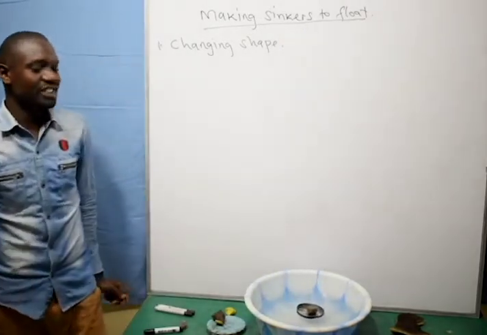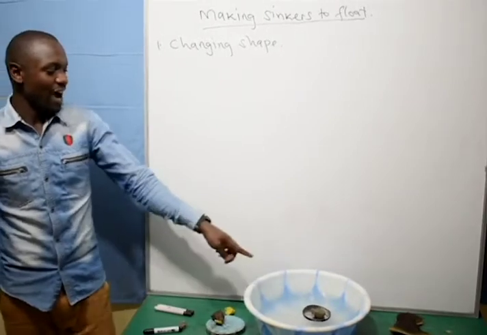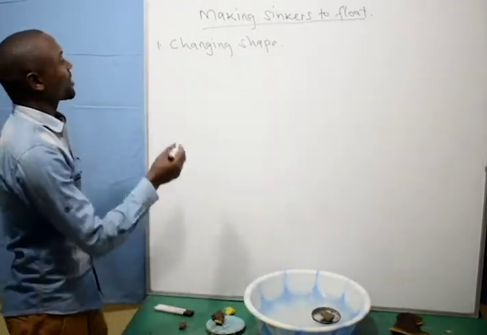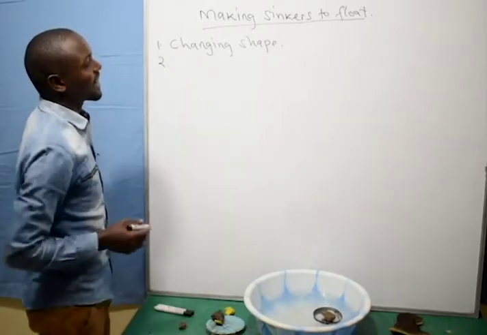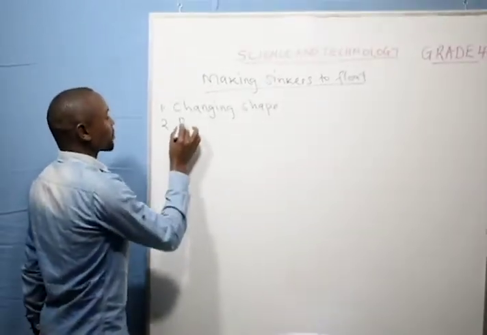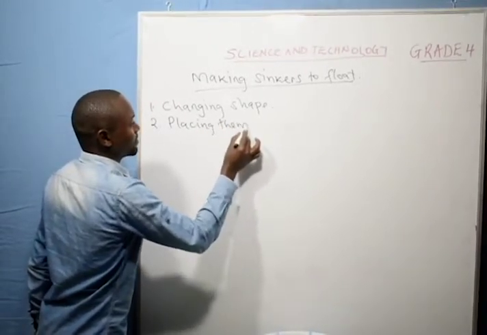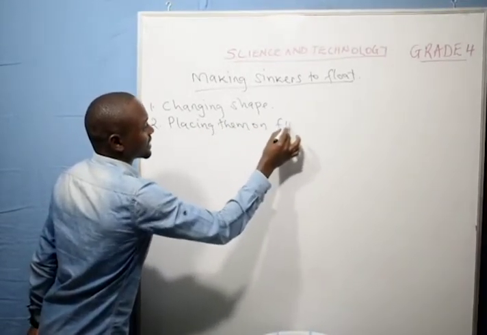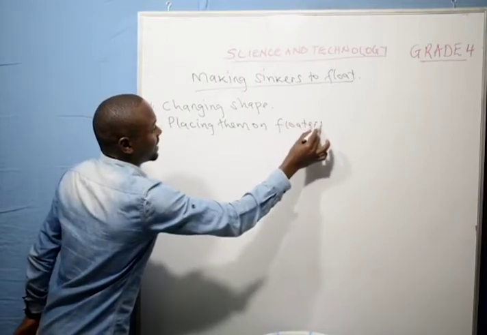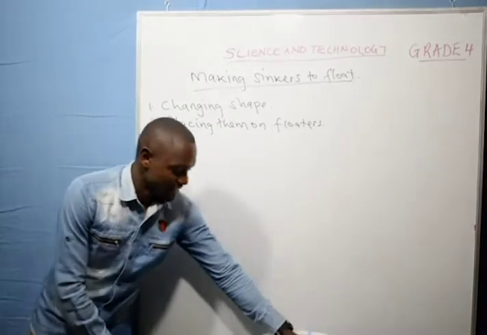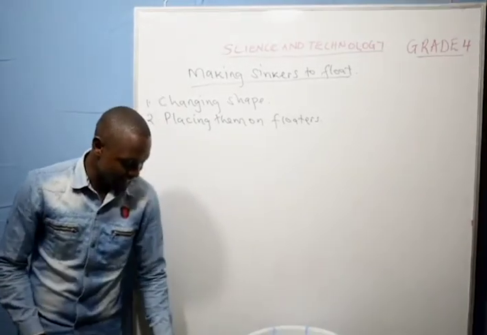You can see now the stone is floating. Why? We have placed it on a floater. So another way of making sinkers float is by placing them on floaters.